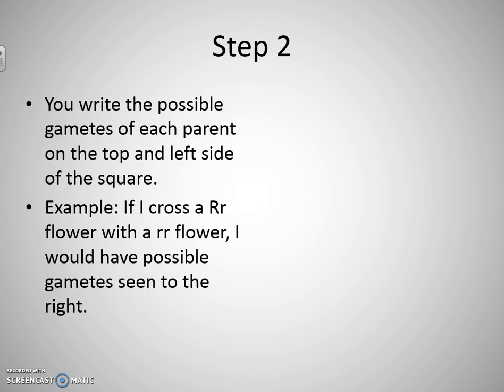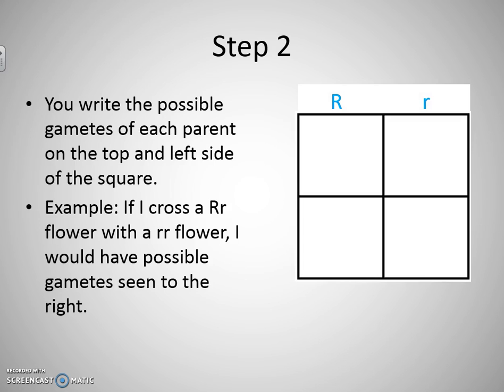So for example, you can see if we're going to cross a heterozygous flower, capital R, lowercase r, with a homozygous recessive flower, little r, then the gametes for the heterozygous individual, half the gametes would carry the dominant allele, the other half the recessive allele. And of course the recessive individual would only have recessive alleles to give.